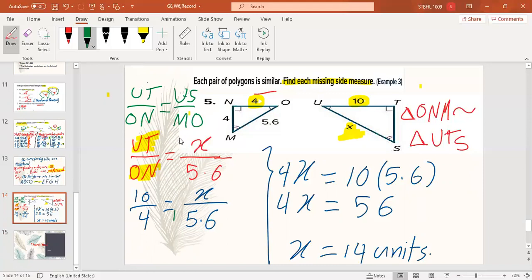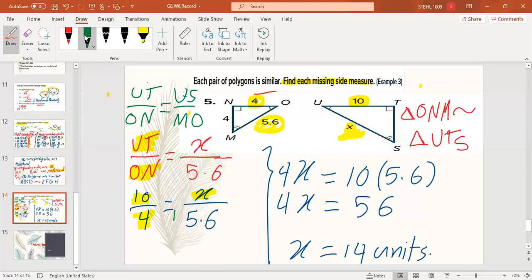And let's substitute by the lengths. UT equals 10 and ON equals 4. Keep X as it is. Line segment MO is 5.6.